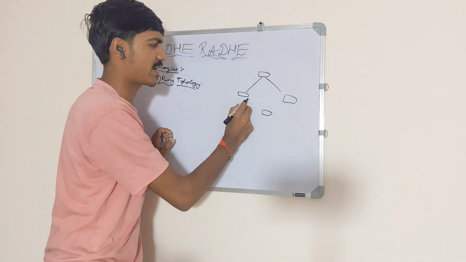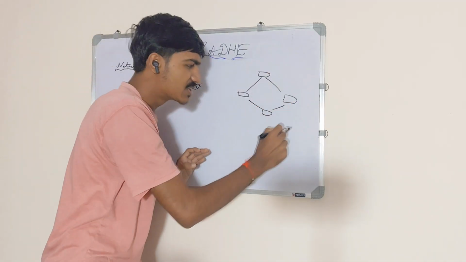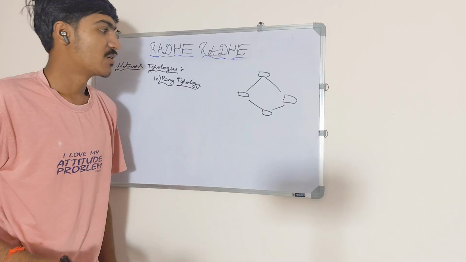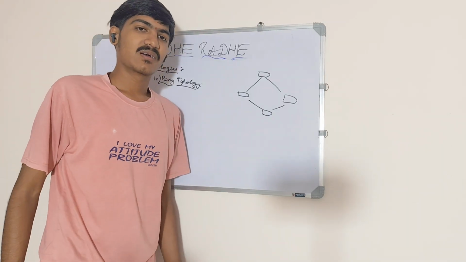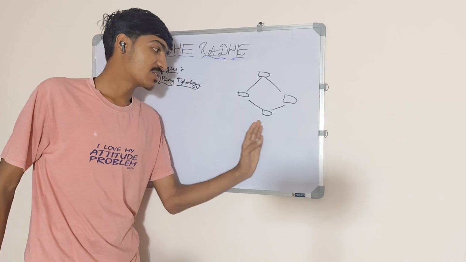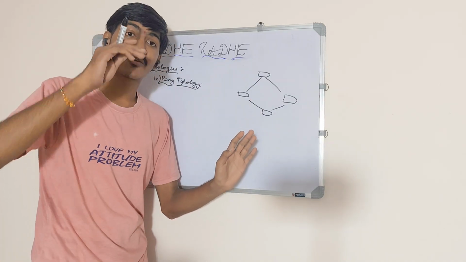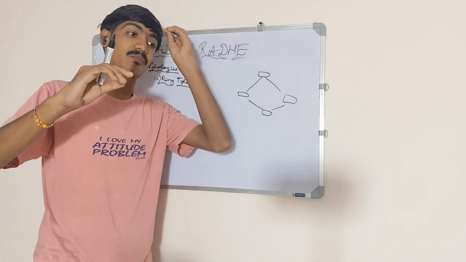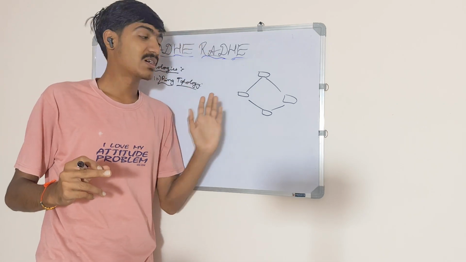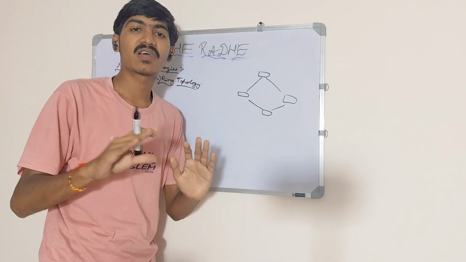I showed you a few minutes back. This is nothing but ring topology. How is it beating bus topology? The main case is collision. In bus topology, there is still a 0.001% chance of collision. In this case, never a collision.